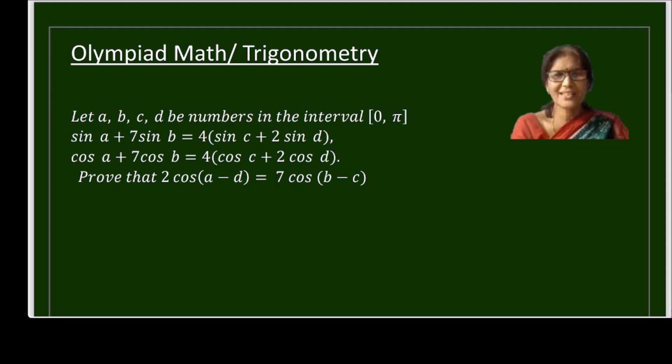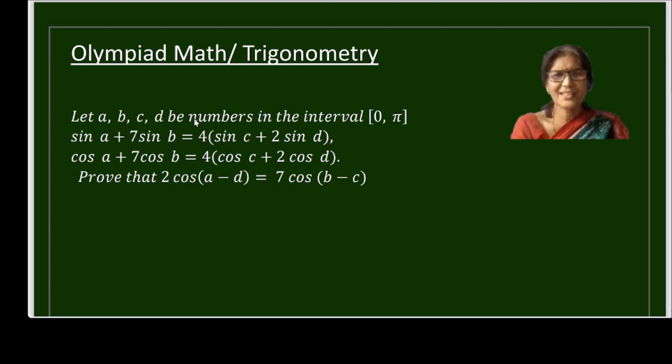As well, it is given cos of a plus 7 cos of b is equal to 4 times cos of c plus twice cos of d. We have to prove that twice cos of (a minus d) is equal to 7 times cos of (b minus c). So this is very simple.